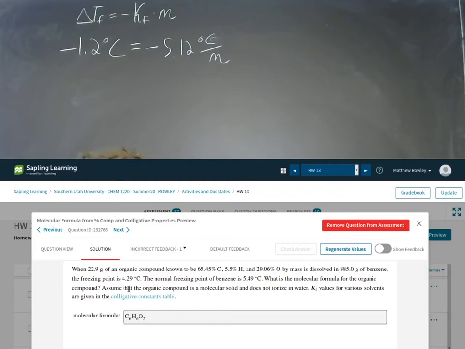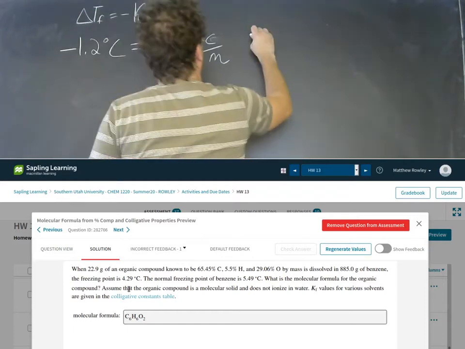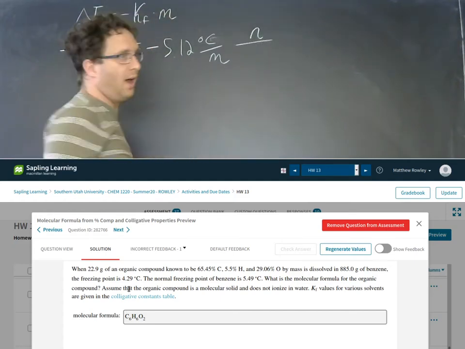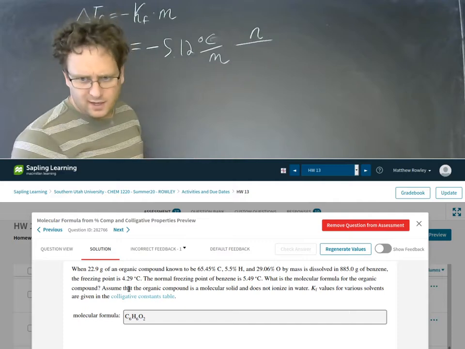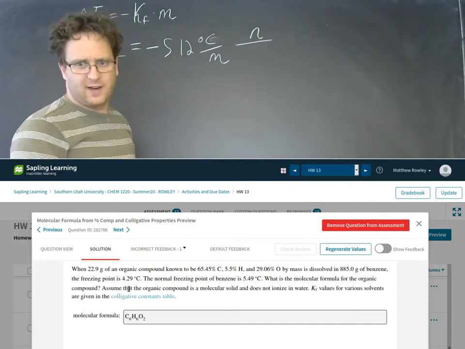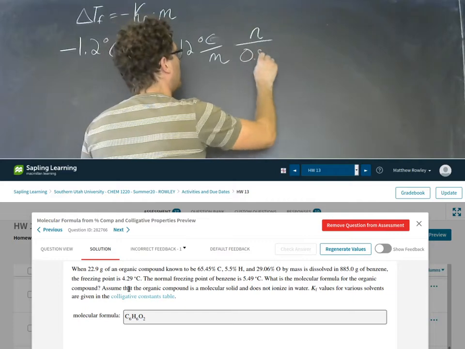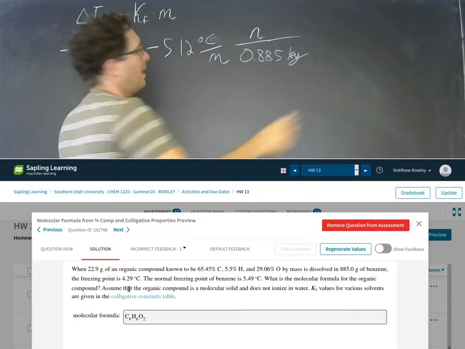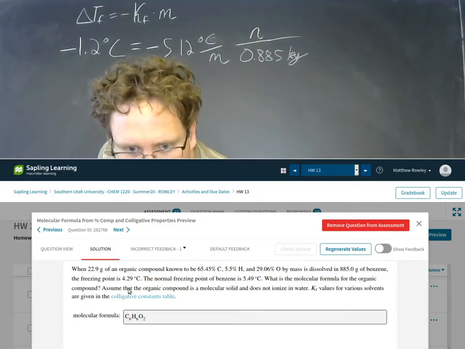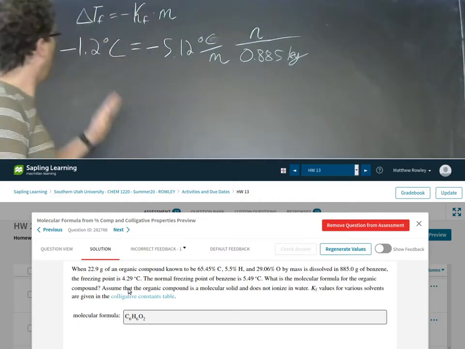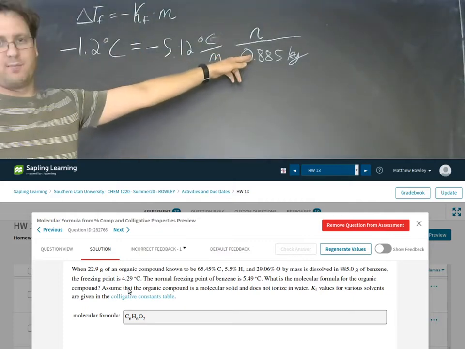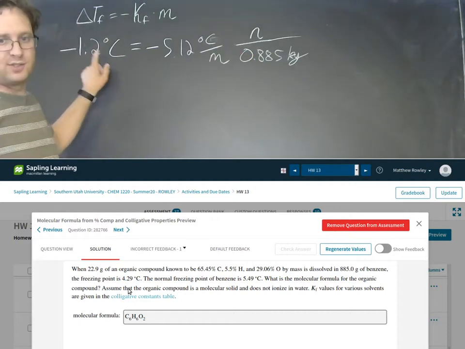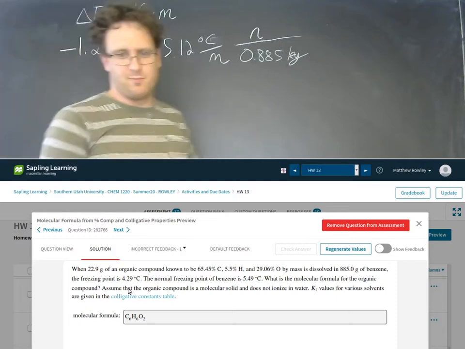And the molality is going to be n, the number of moles, divided by the mass in kilograms. We used 885 grams of benzene, so that is 0.885 kilograms. Finding the molality as an intermediate step is certainly a possibility, but I thought we'd just jump straight to n, the number of moles.